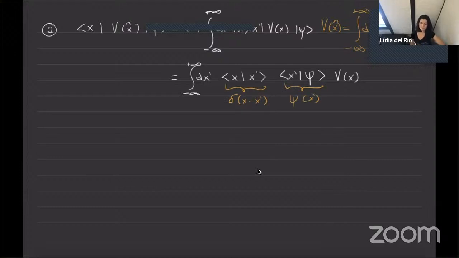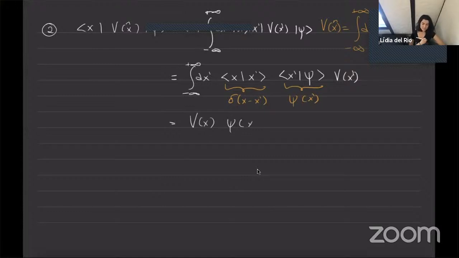The way the Dirac delta works, if you remember, is that this whole integral evaluates to just the value of what's inside, at this point x. So we get rid of the integral. V of x is a number, and then we also have x prime, psi of x. Okay, let's bring it together.